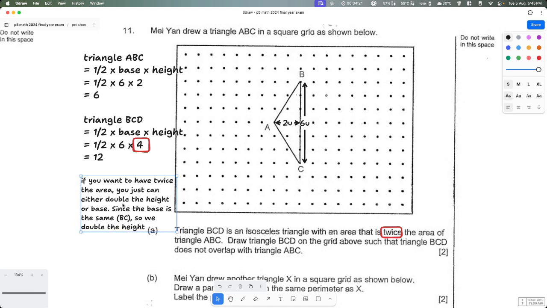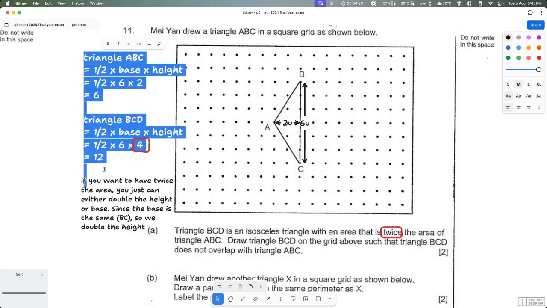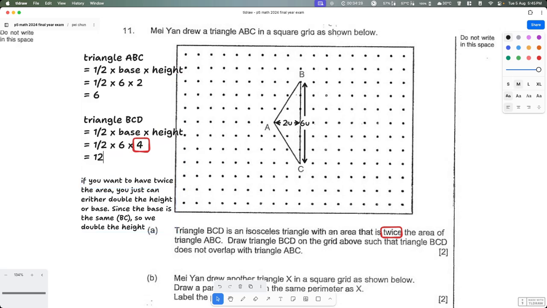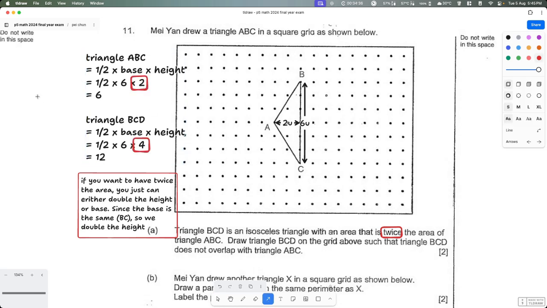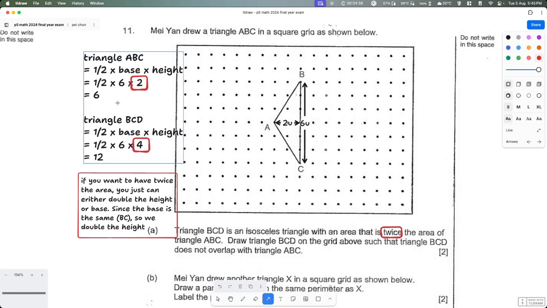I'm going to put a red rectangle as well. So for this we will have 4 units, 1, 2, 3, 4.